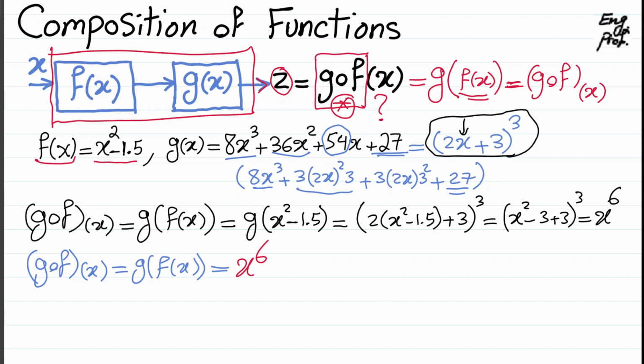So x comes into the red box, and z, the final output, x to the power 6, goes out. That's the equivalent operation for the whole cascade or composition here.